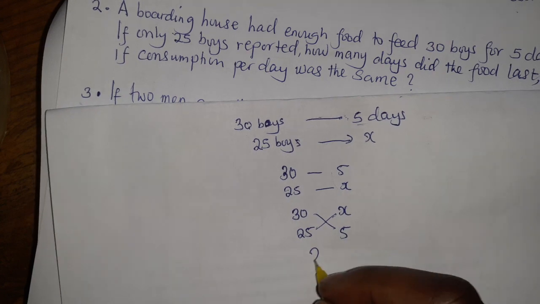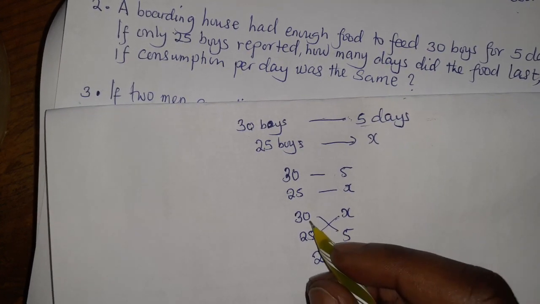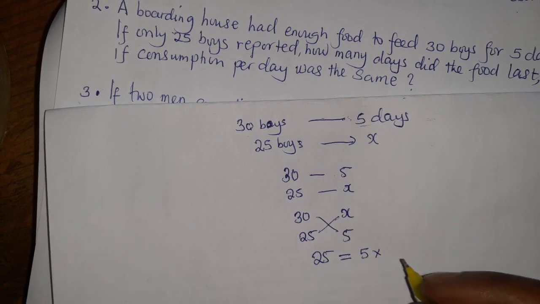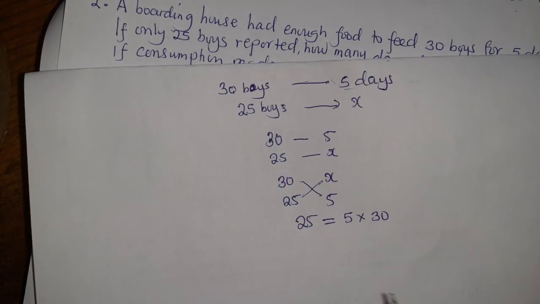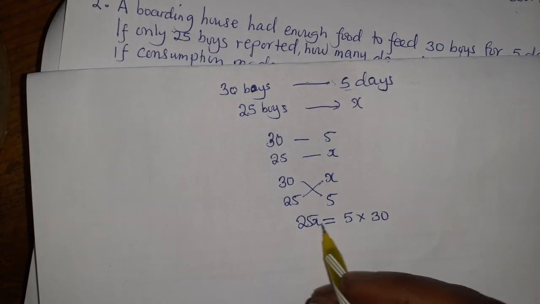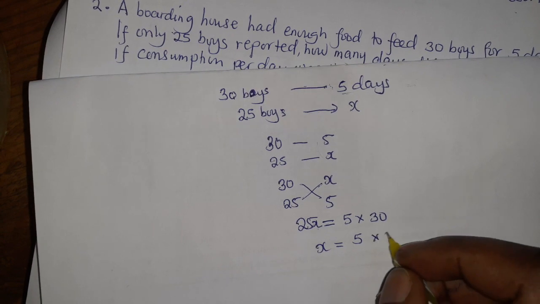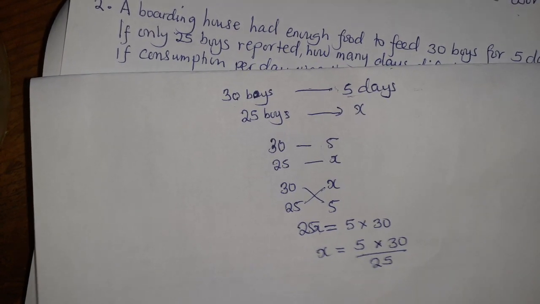So when you cross multiply, you're going to have 25x equals 5 multiplied by 30. Then the next step is x equals 5 multiplied by 30 over 25.